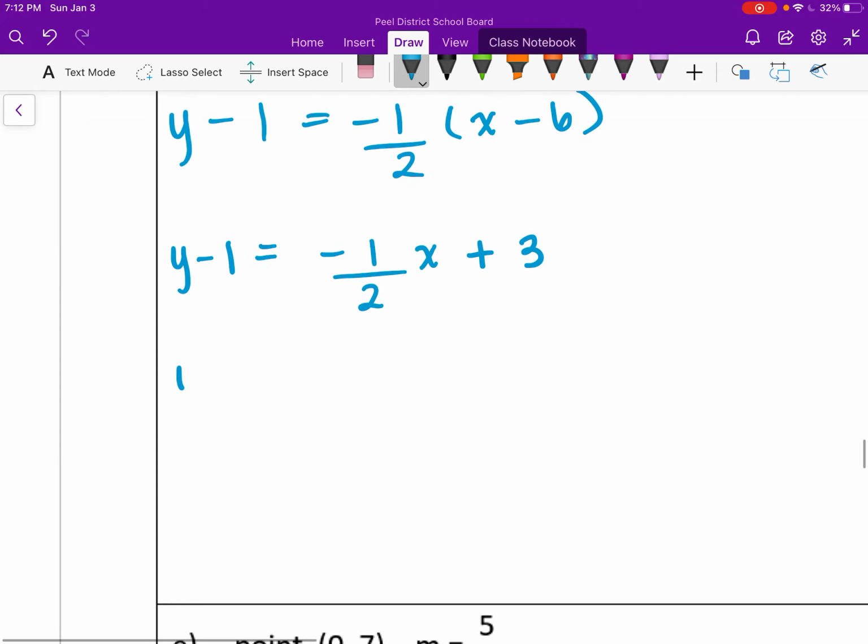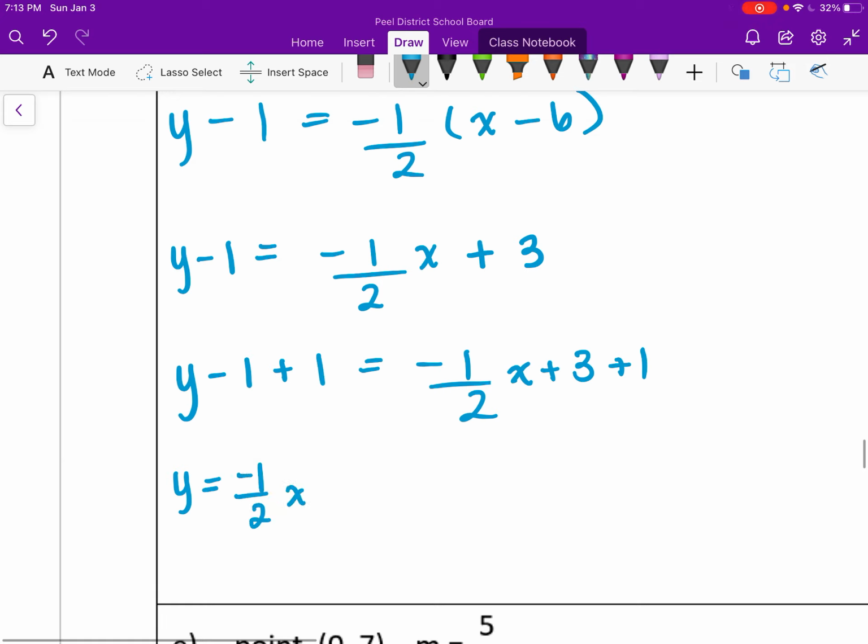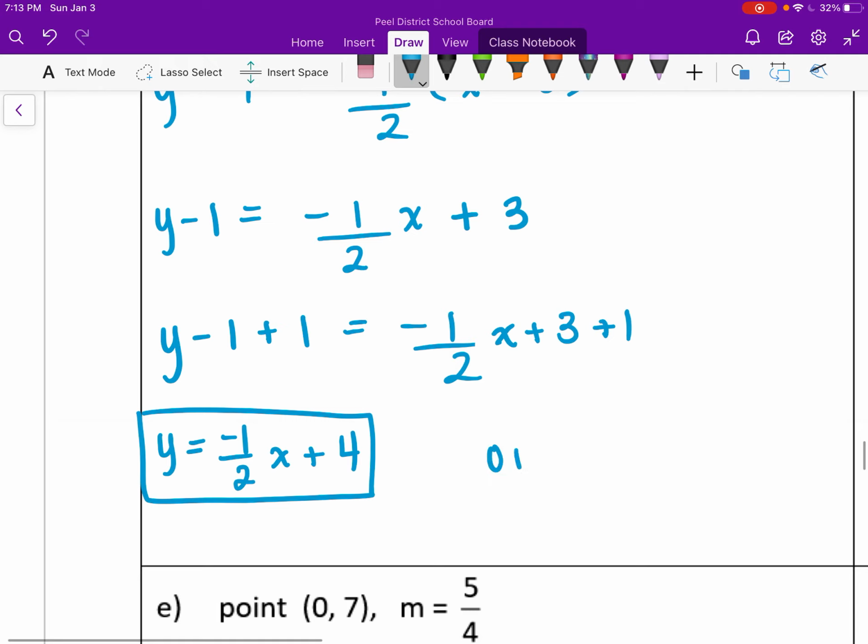Right, and I'm going to move the 1 over. And that's my answer. You could also write this as y equals negative x over 2 plus 4. Either way is right.